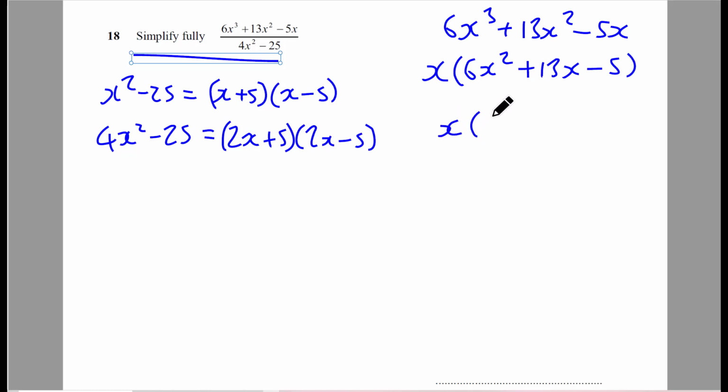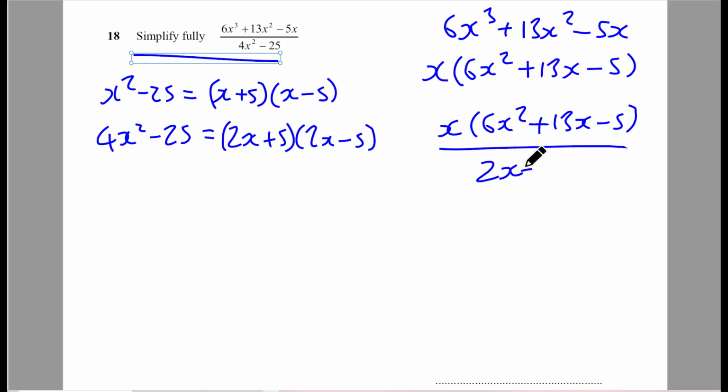So if we just write this up to here, and we know it's simplifying an algebraic fraction, so we know inside this is going to be one of these.